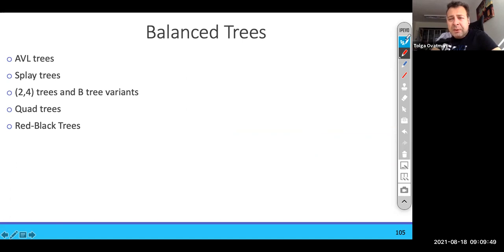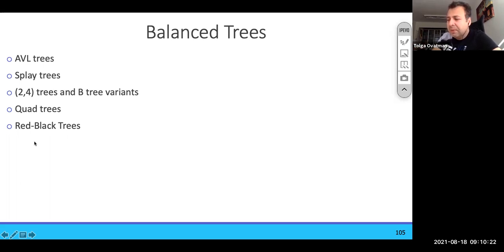Afterwards, I am going to show you another example. The first four topics, other than the quad trees, are mainly used for such indexing purposes, and provide balanced trees by construction. The quad trees are an example of a special tree which is used for applications other than indexing, which I am also going to explain.